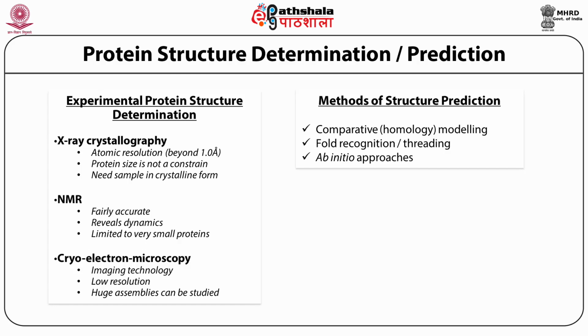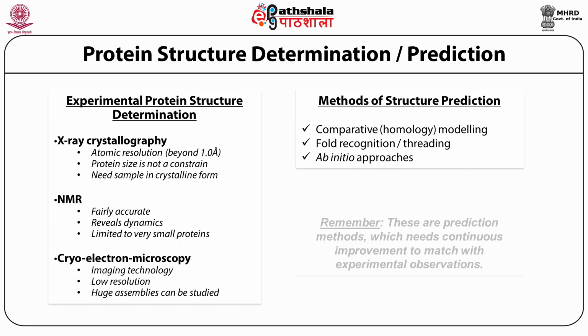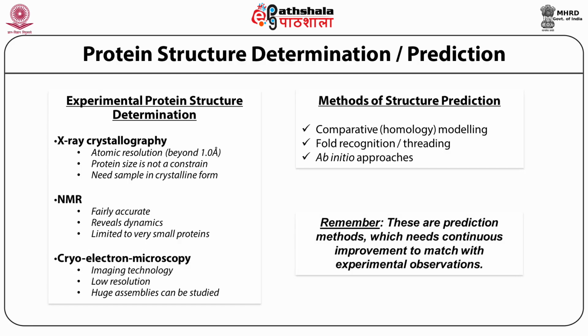So a large-scale conformational search is required to locate the possible minimum free energy state for the given amino acid sequence. Keep in mind that these prediction methods require continuous improvement to increase the accuracy of prediction to match the experimental observations.